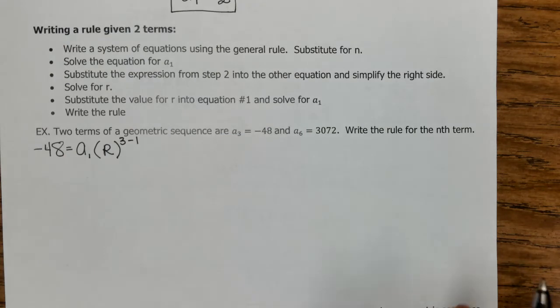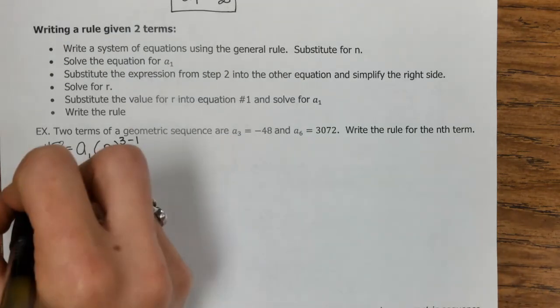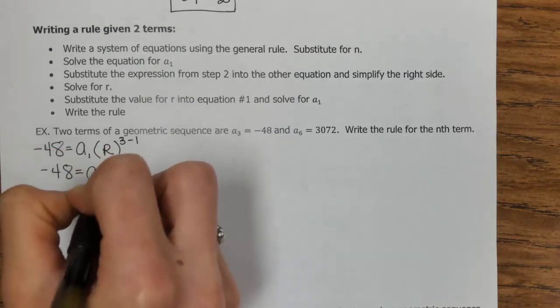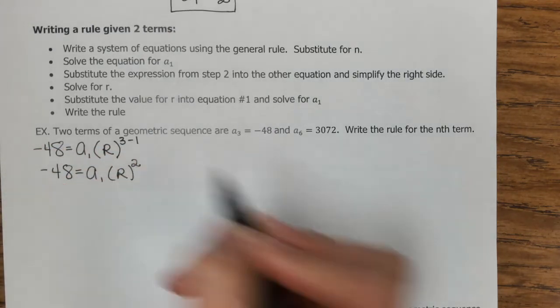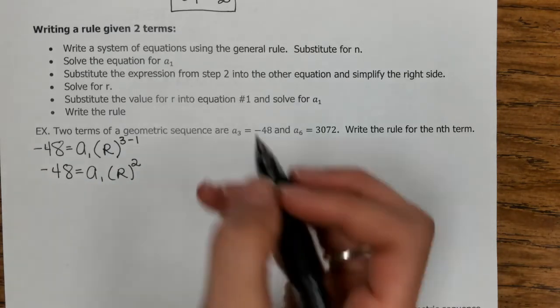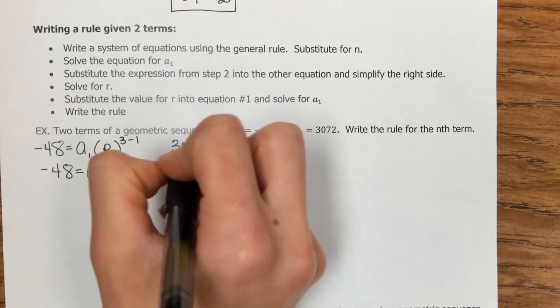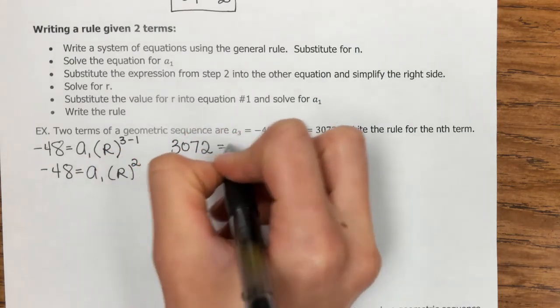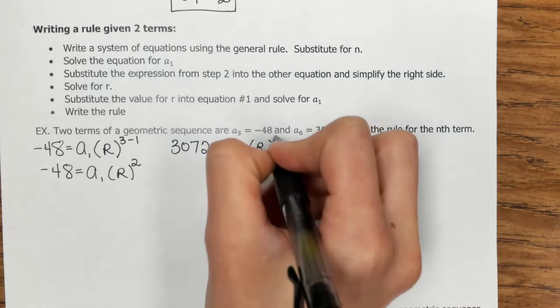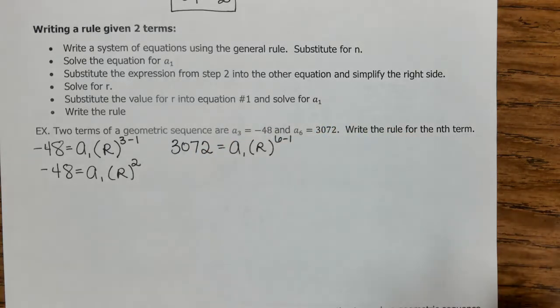Well, I can clean that up. That is negative 48 equals a1 times r to the second power. I'm going to do the same thing for a6. So I've got 3072 equals a1, I don't know r, but I do know it's 6 minus 1.